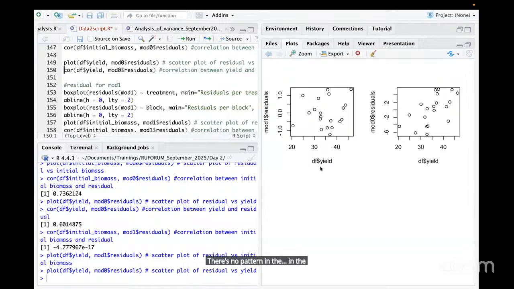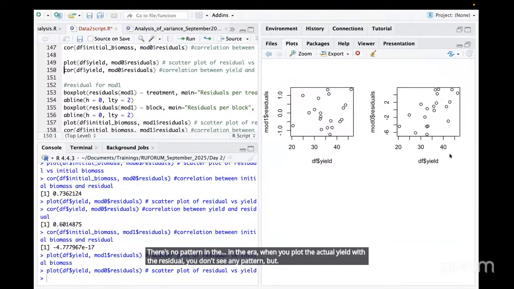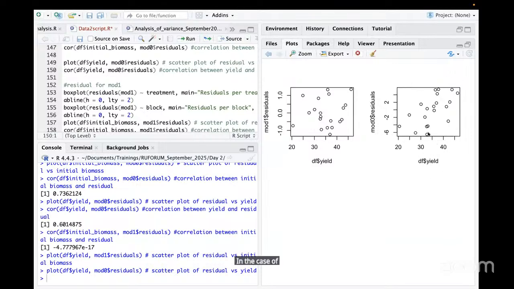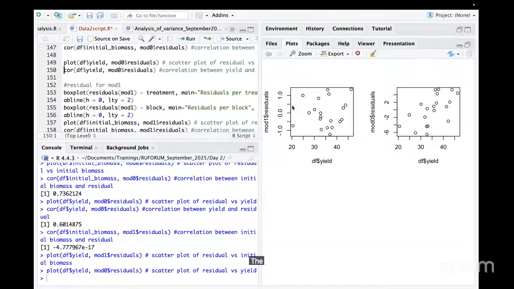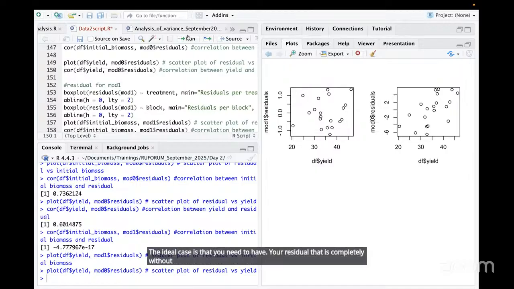When you plot the actual yield with the residue, you don't see any pattern. But in the case of model 1, you can see that there's a strong relationship between yield and residue. So that means this model needs to be corrected. The ideal case is that you have residue that is completely without any pattern.